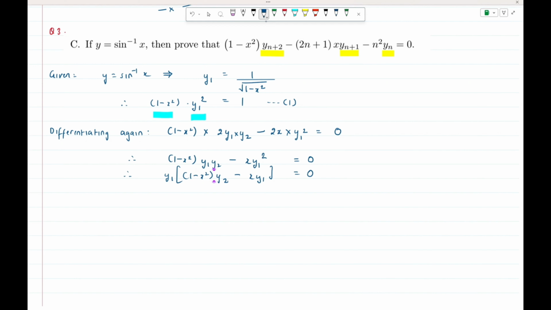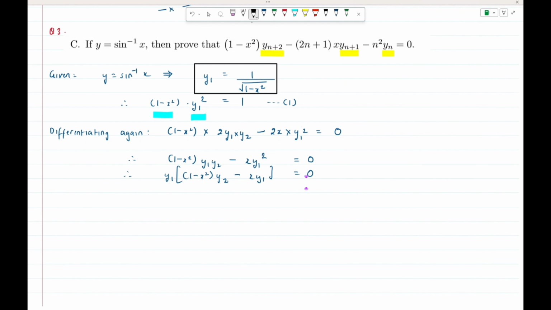Now since on the left side we have a product of two expressions and it is equal to 0, we can try and figure out whether one of them is 0. That could be done by taking help of this expression. Now have a look at y1. Since y1 is a rational function and the numerator is constant 1, which is a non-zero number, for any value of x this y1 is never going to become 0.